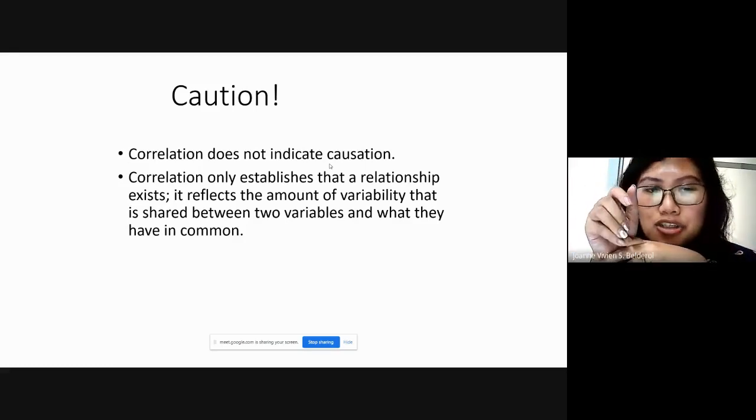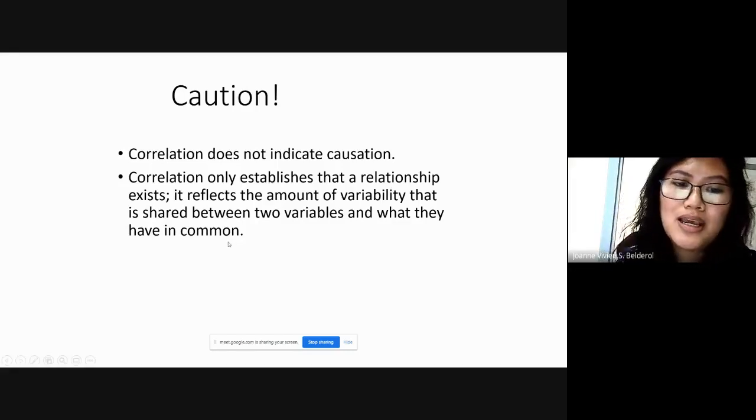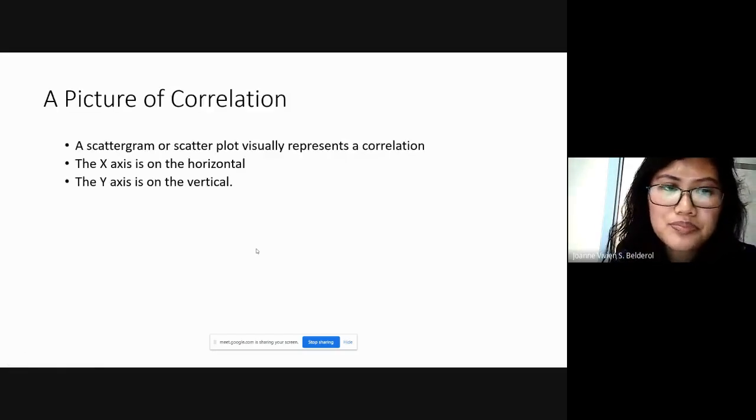It only establishes that a relationship exists. It reflects the amount of variability shared between two variables and what they have in common.